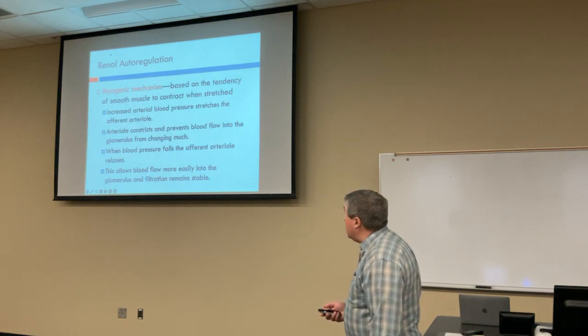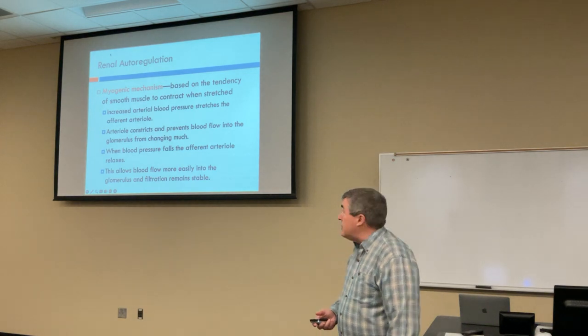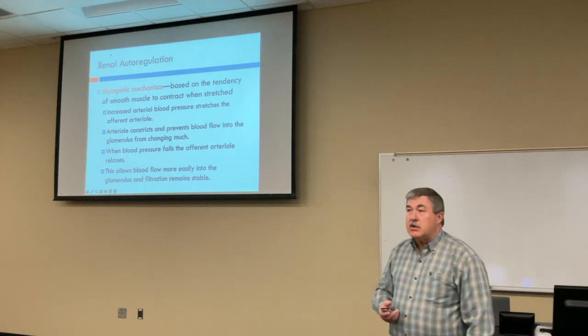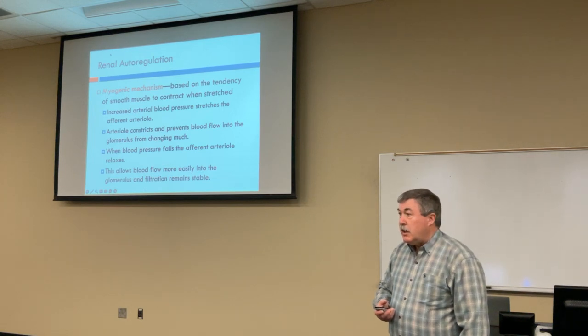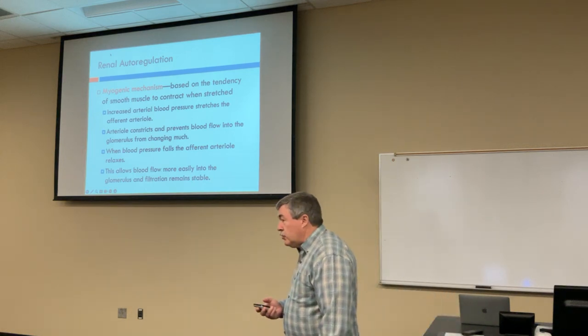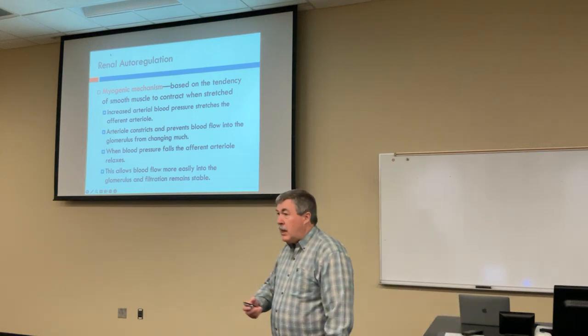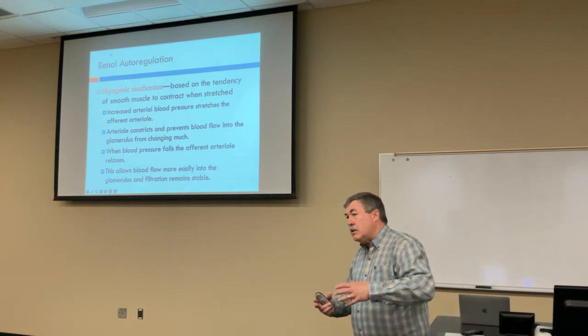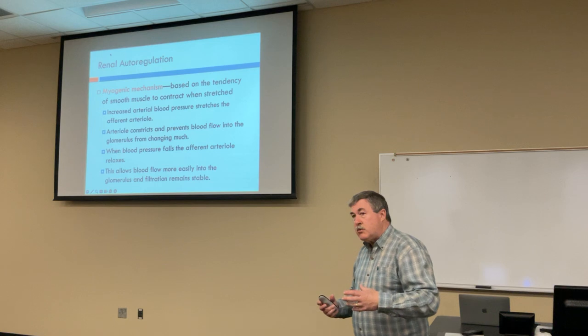All right, so the myogenic mechanism is based on the fact that when smooth muscle is stretched, it stimulates it to contract. So when blood flow to the glomerulus through the afferent arteriole increases, that causes the afferent arteriole to stretch.